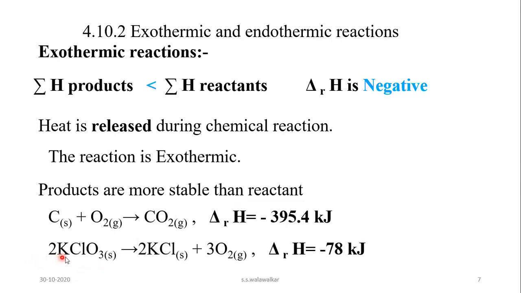Or potassium chlorate, KClO3, when it is decomposed, it gives you KCl plus 3/2 O2, and during this minus 78 kilojoules of heat is evolved. As its sign is negative, it is an exothermic reaction. Heat is evolved during this.